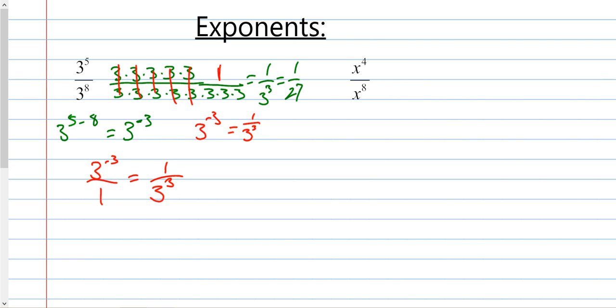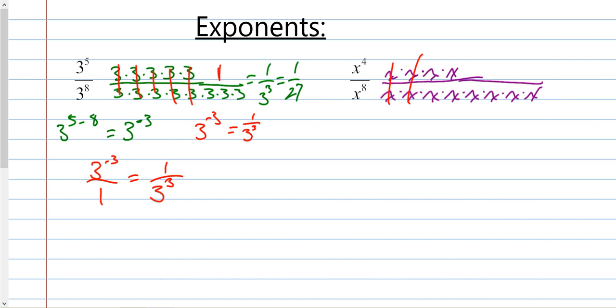So if we look at this with variables instead, I'm going to have x times x times x times x over 8 of them. I try to say them aloud as I'm writing them on this up.